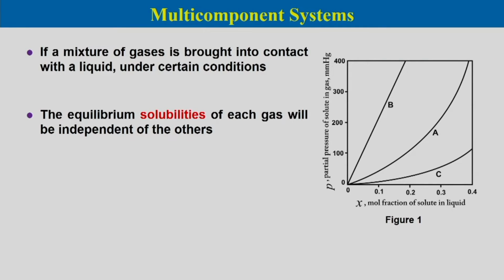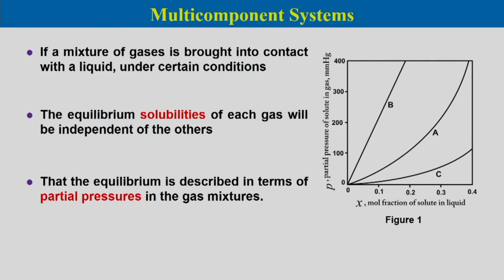Now, if we take more than one component, that is a mixture of gases, and bring it into contact with the liquid under certain conditions, the equilibrium solubility of each gas will be independent of the others, as the equilibrium is described in terms of the partial pressure in the gas mixture.